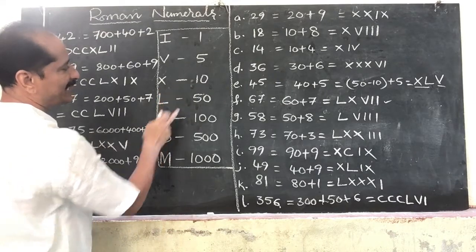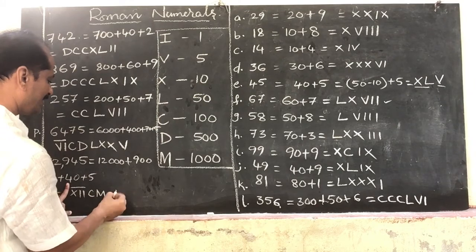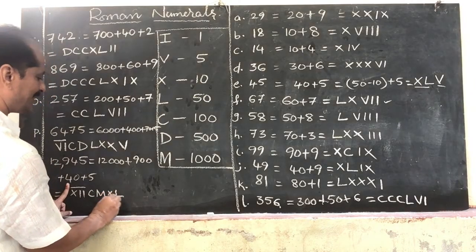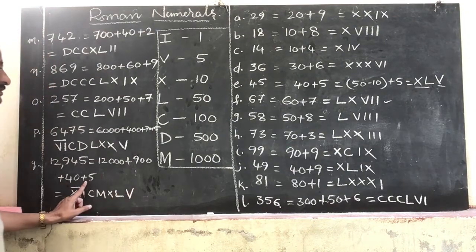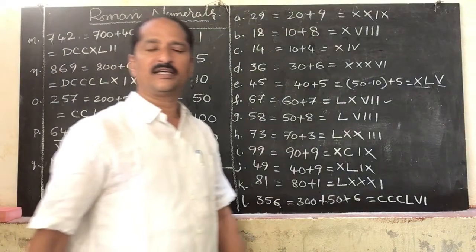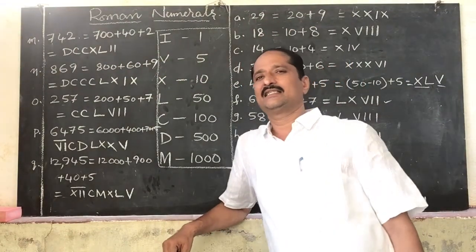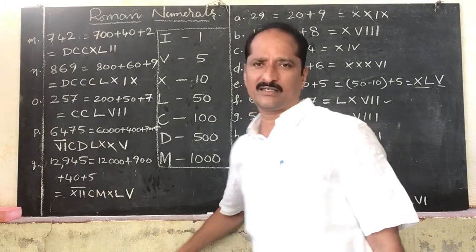It is in between 10 and 50. So 50 minus 10. L is 50 minus 10, XL is 40. And 5 is V. In this way you can write down numerals like this. So this is about our problem.